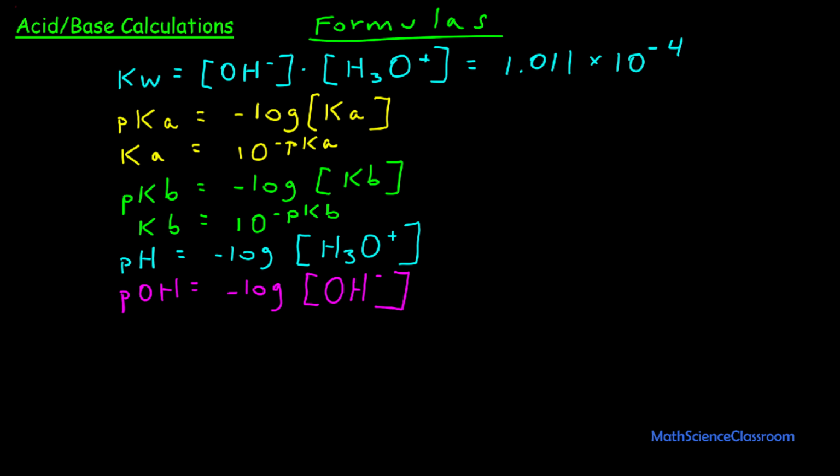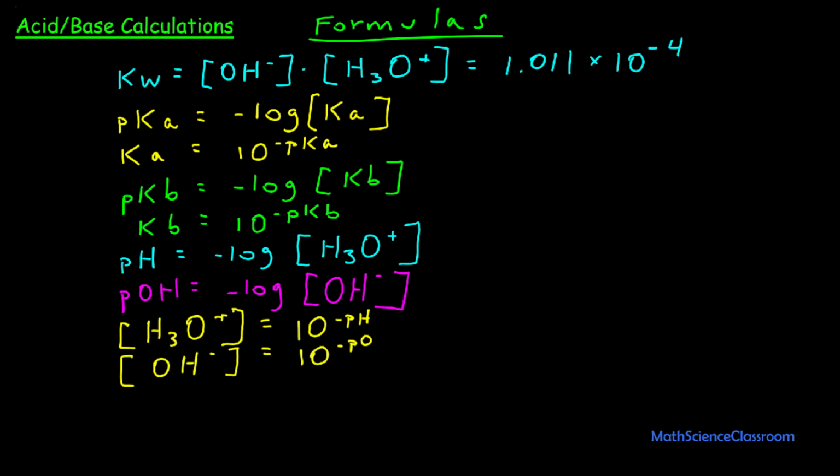And then the concentration of H3O+, or hydronium ions, equals 10 to the negative pH. And the concentration of OH minus equals 10 to the negative pOH power.